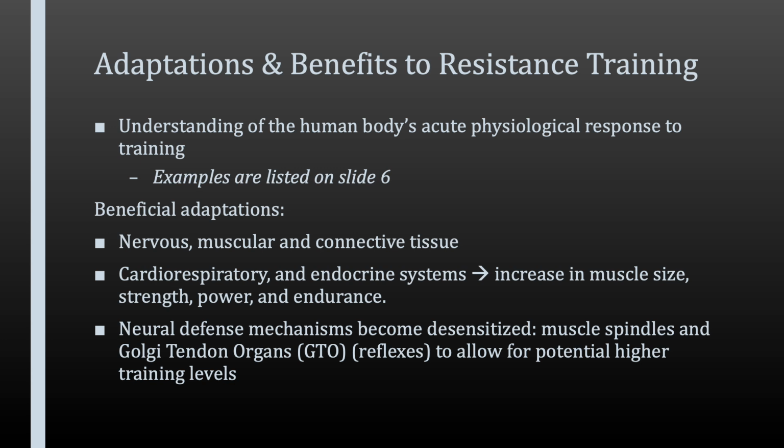So our connective tissue is really important because as our muscle increases, we also need our connective tissue to hypertrophy and have structural changes as well to support the increase in strength and hypertrophy of the muscle.